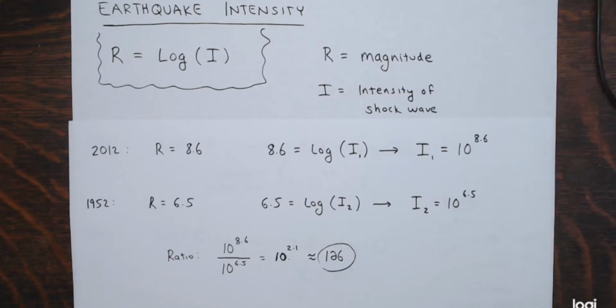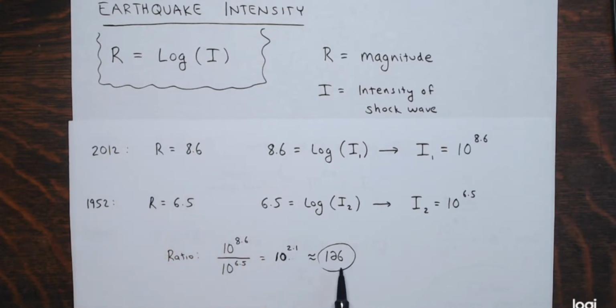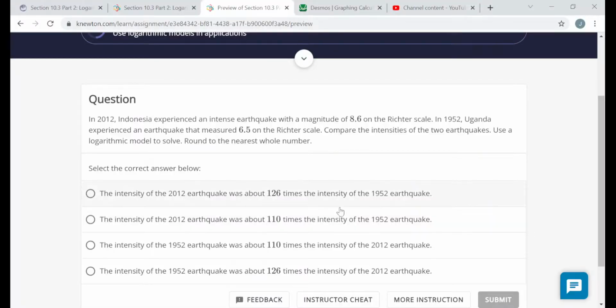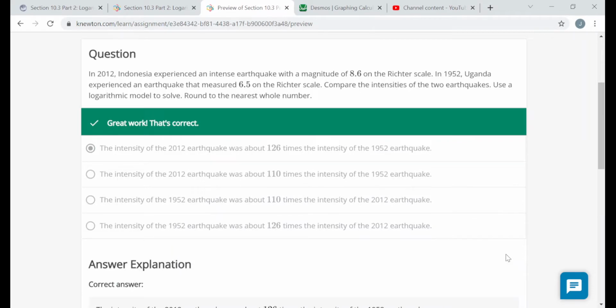Okay, so this tells me that the quake from 2012 is about 126 times the intensity of the quake from 1952, and that's what I will answer. And that was the first choice here. Great.